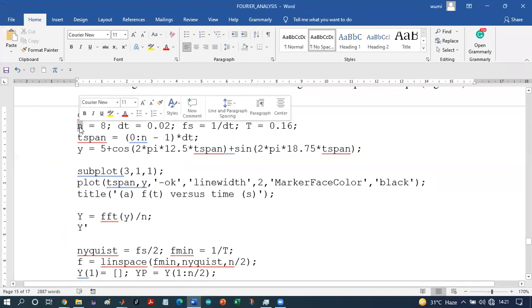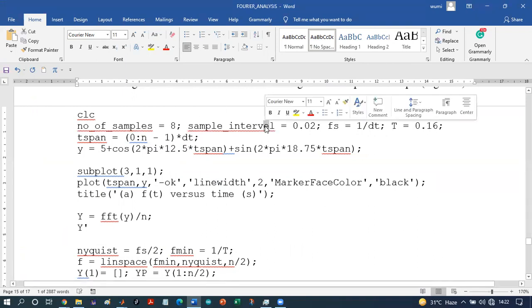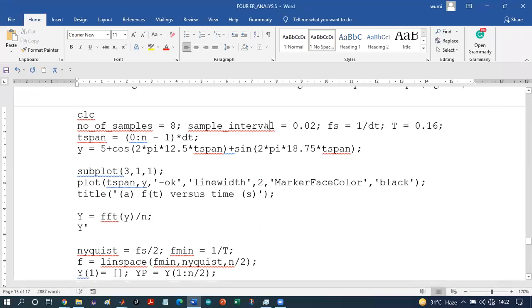You can name it number of samples. Instead of the t, you can name this one sample interval. It's just a variable name that everything has to change.